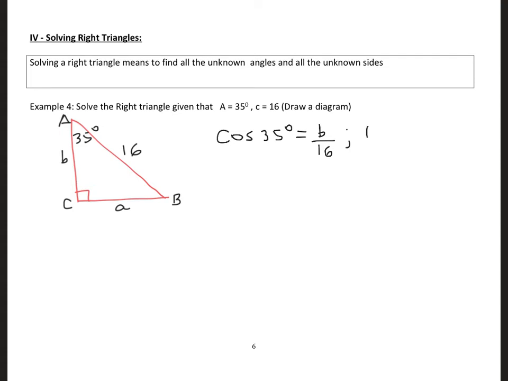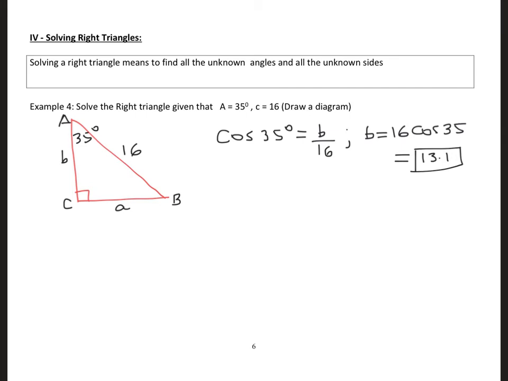So I get B is equal to 16 cosine of 35. I put that in the calculator, and it gives me 13.1.